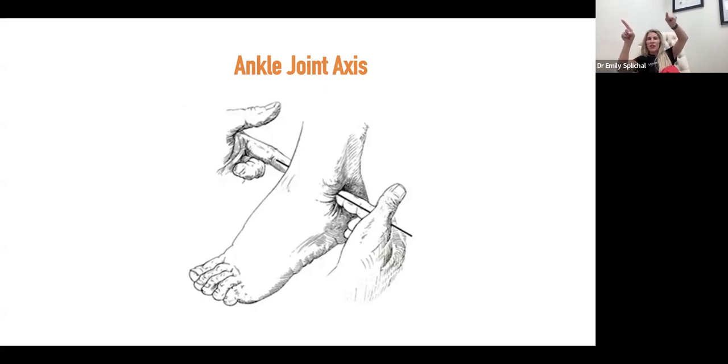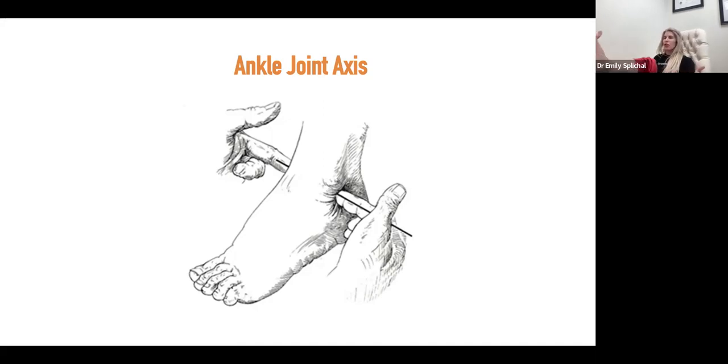When you plantar flex your ankle, it is going to go in. So the coupling, or the motions, of your ankle joint are dorsiflexion plus abduction. The opposite is plantar flexion plus adduction.